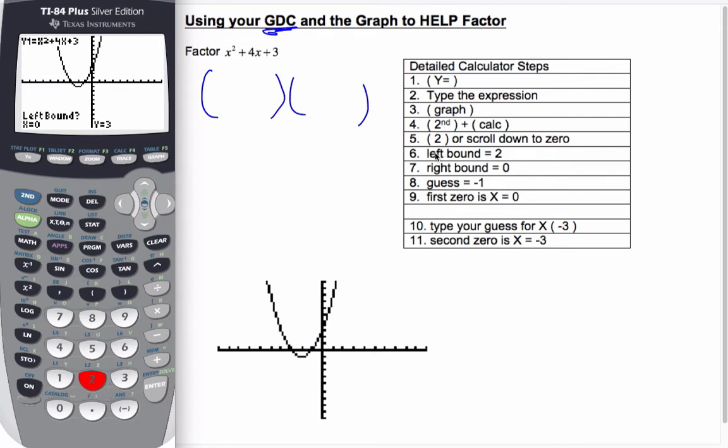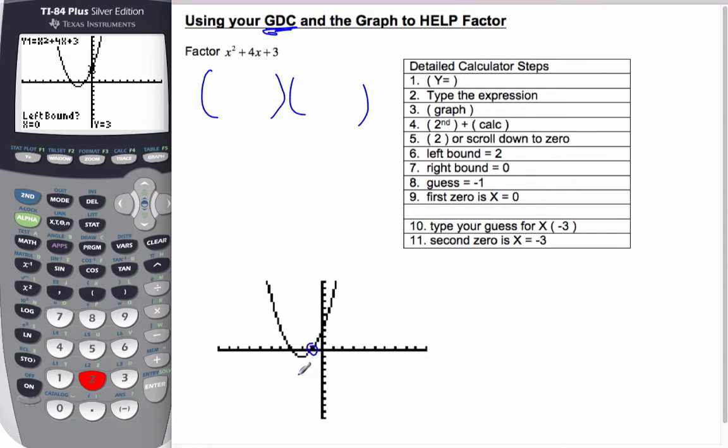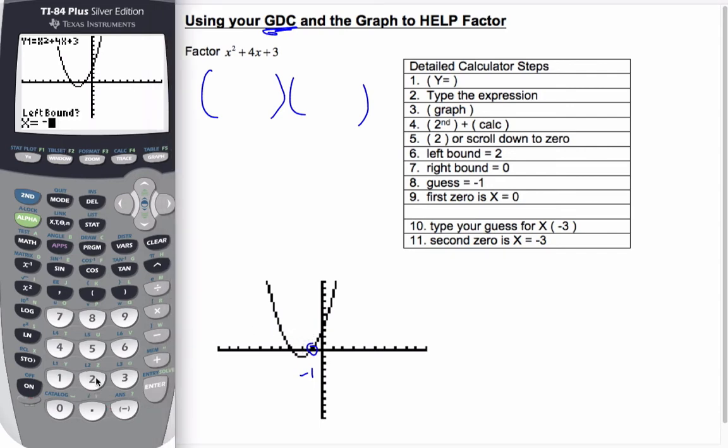Now it's asking me for a left bound. I have to think about this for a second. I'm going to consider this intercept first, and I can estimate it to be -1, but I don't know if that's true or not. The left bound means I pick a value to the left of -1, so a good value would be -2.